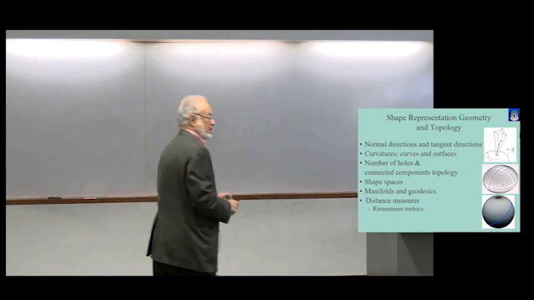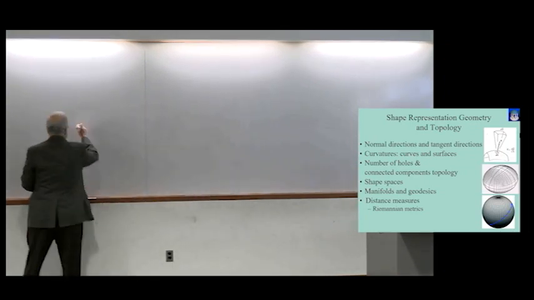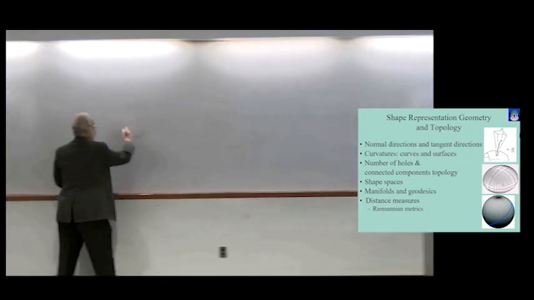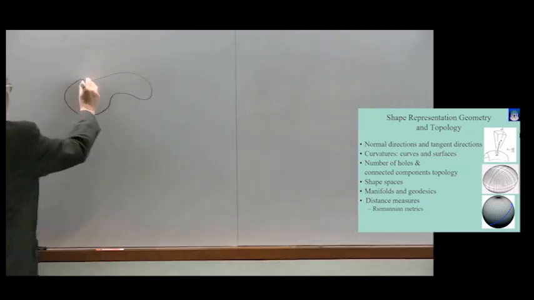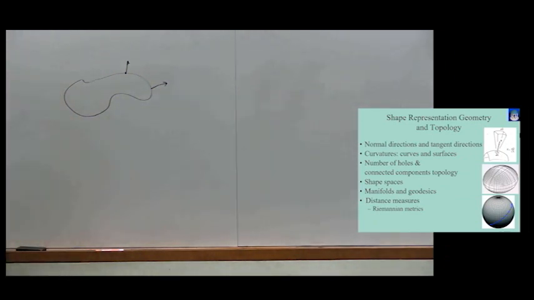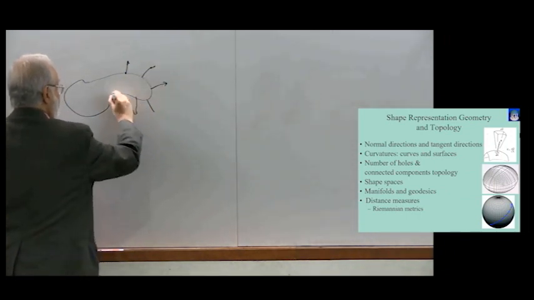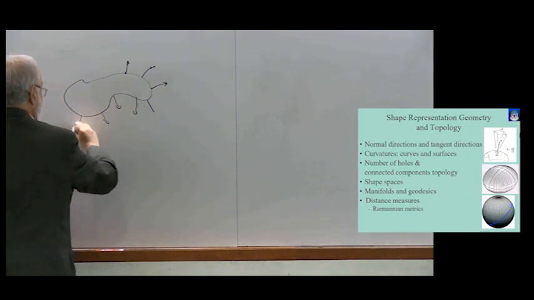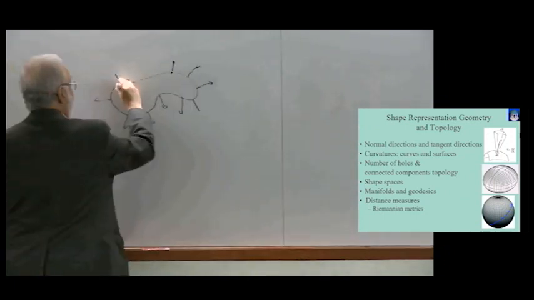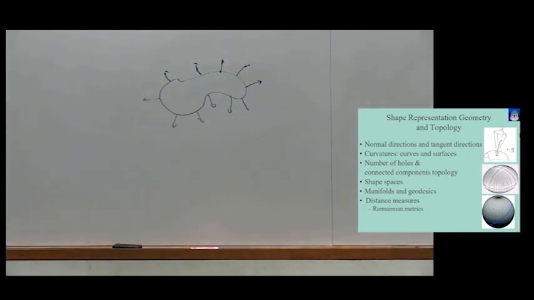So to give you an example, here's a 2D entity. At every point, there is a normal. So at some selected set of points, you're going to have normal, normal, normal, normal, etc. Normals are unit vectors.